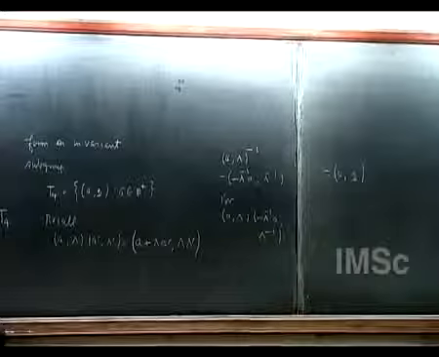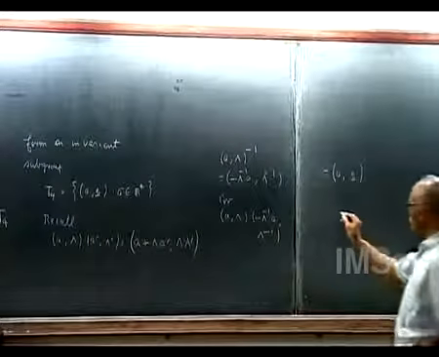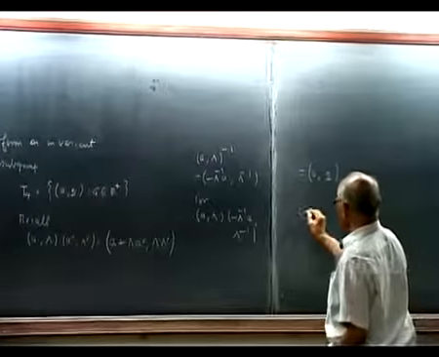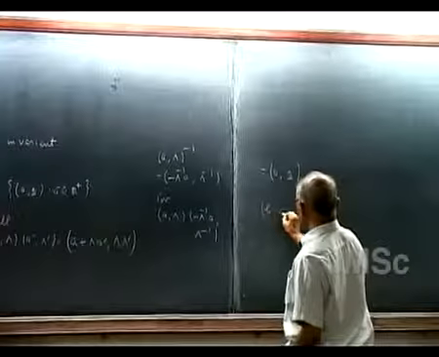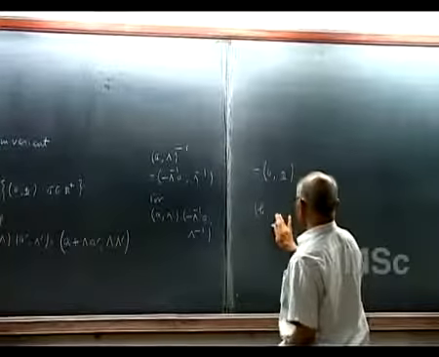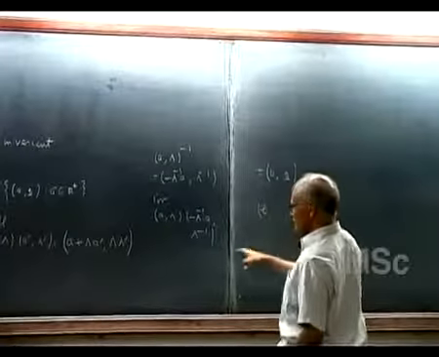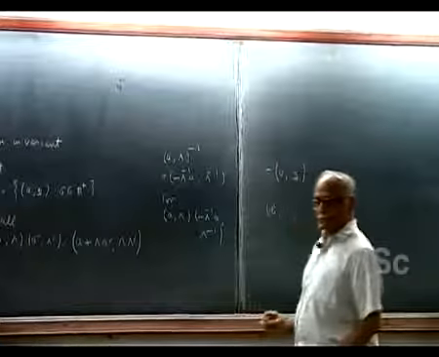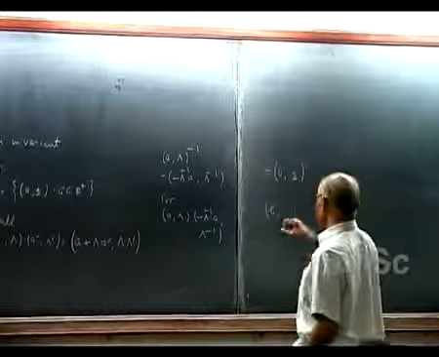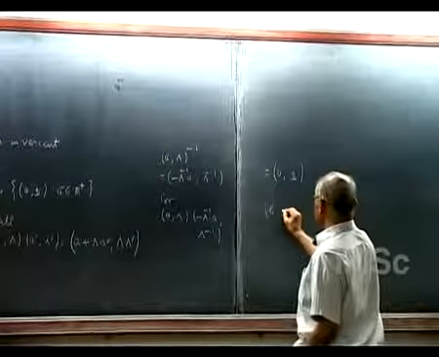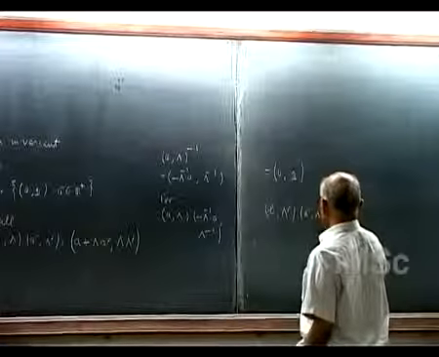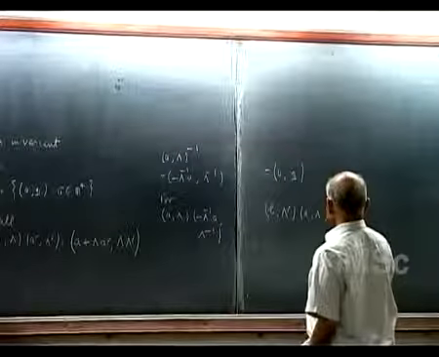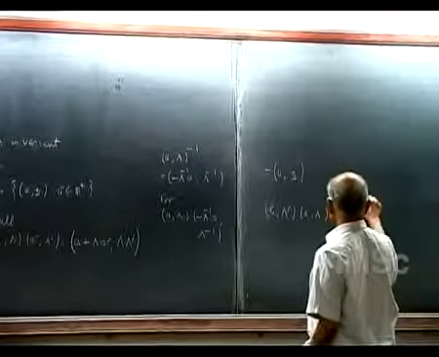Now, we want to check what happens if I take, well, (B, lambda prime), let us say I want to check that the translations form an invariant subgroup. So, let me write here (B, lambda prime) (A, 1) times the inverse of this, (B, lambda prime) inverse.